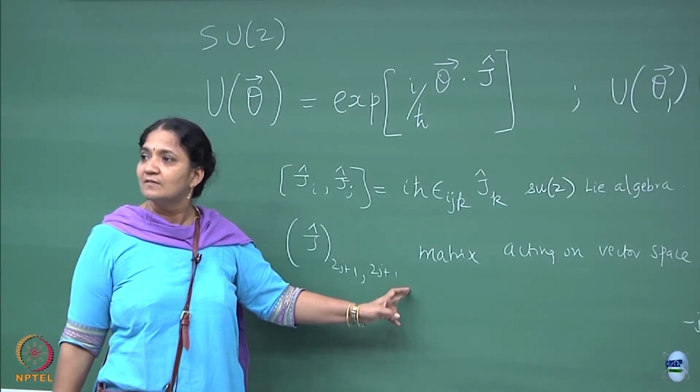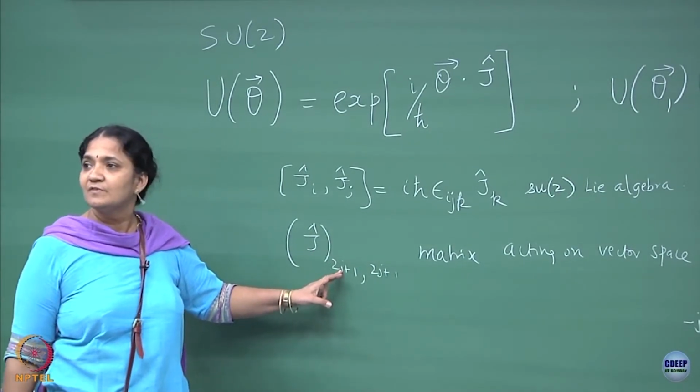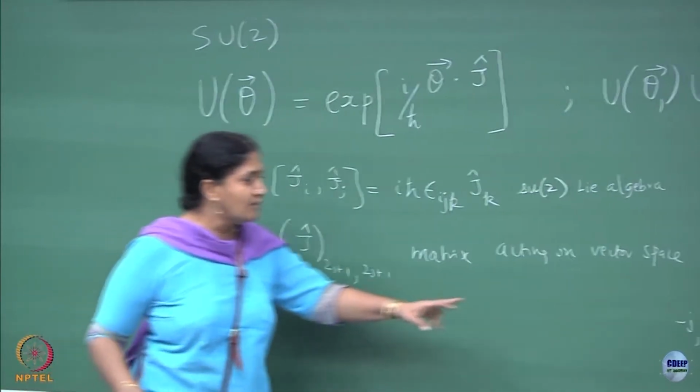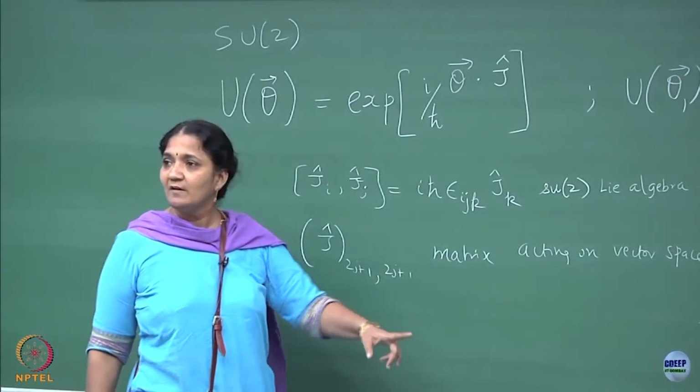You all know this. If J is half, that is your lowest two-dimensional vector space, which is up spin and down spin.